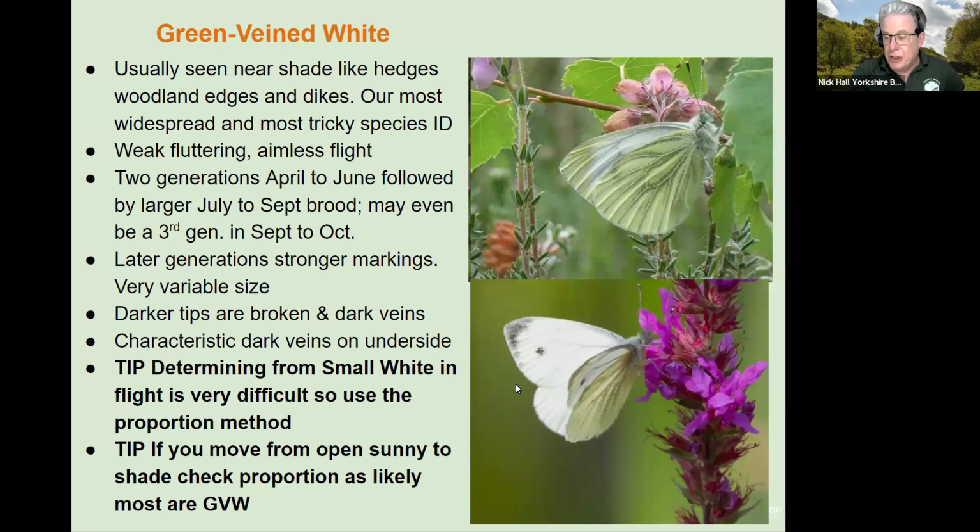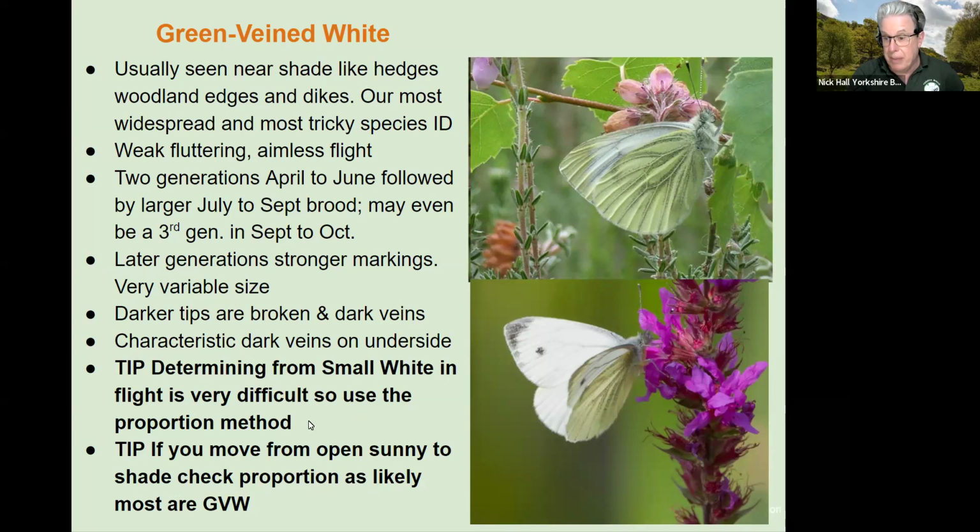While you're doing that, just make a note in your mind what the proportion of each is. So it might be 50-50. It might be 25-75. It might even be 100%. An example would be when you move from open sunny into shade, you need to check your proportions because likely as you go into shade, most of them are going to be green vein whites.